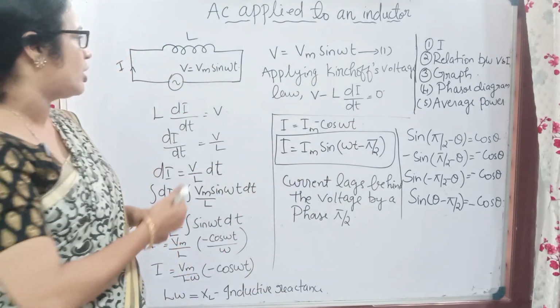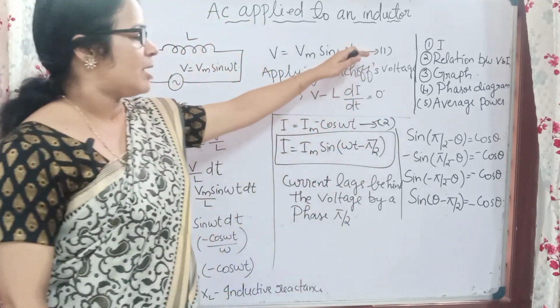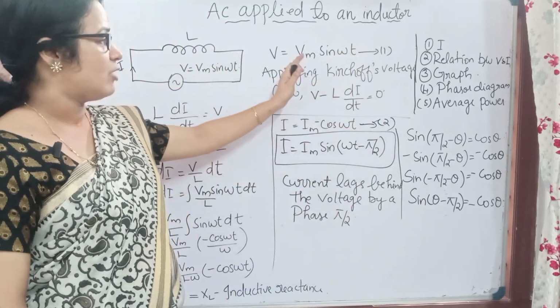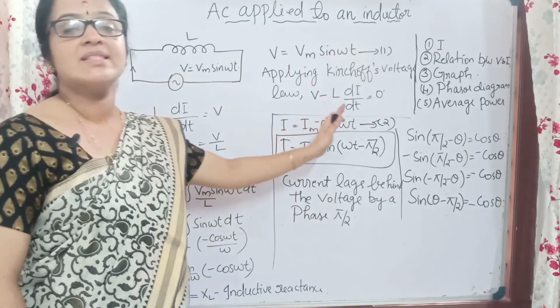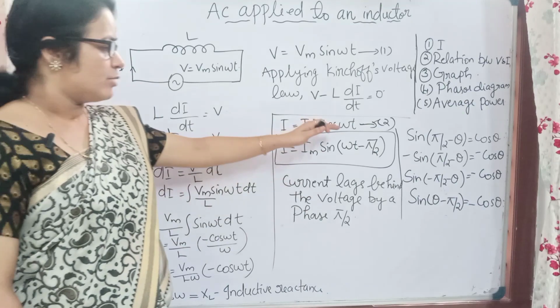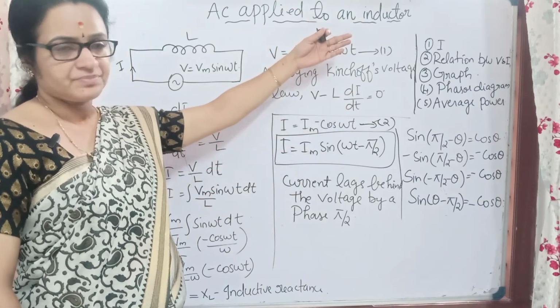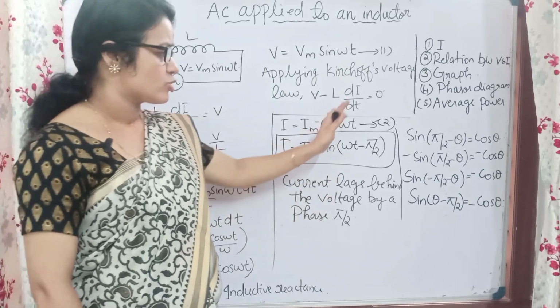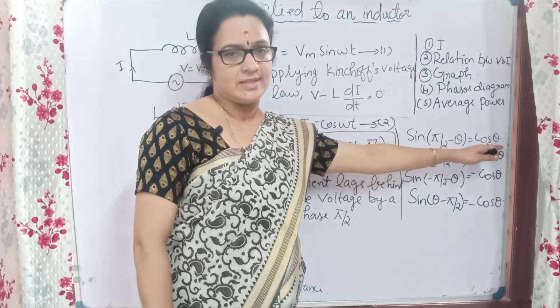Now we have two equations. This is the second equation, and now we can compare these two equations. So here we have V is equal to Vm sin omega t, and here Im into minus cos omega t. So we have to convert this minus cos omega t in terms of sine. So how we can write minus cos omega t? Sin pi by 2 minus theta is cos theta.